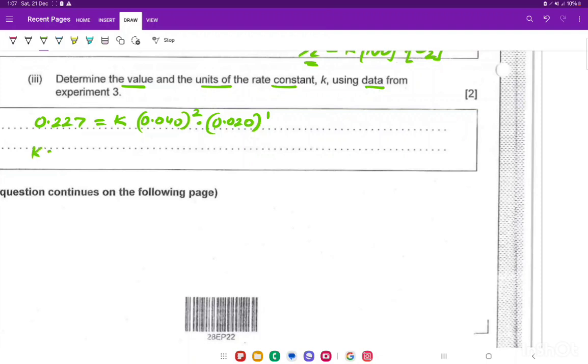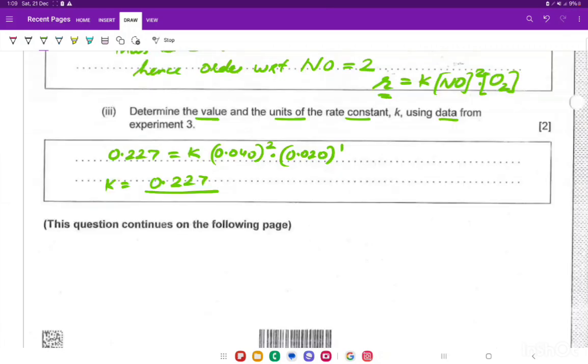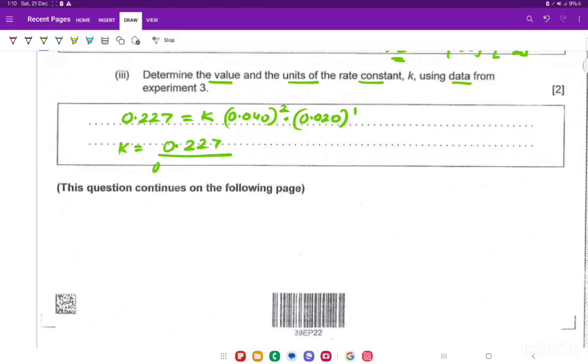Or I can say k equals 0.227 divided by 0.040 whole squared into 0.020 to the power 1.